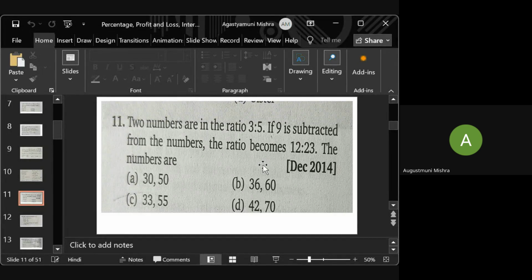Has the slide changed? No, sir. Okay, I think it is stuck. I'm sharing again because it is stuck. That's why I asked. Thank you so much for the response. It was stuck, I think, a technical issue. I'm sharing that again. Give me a second.